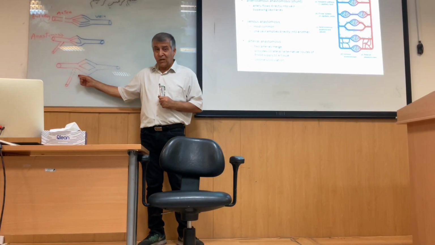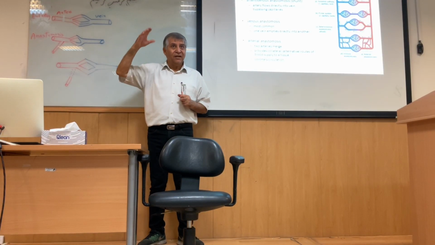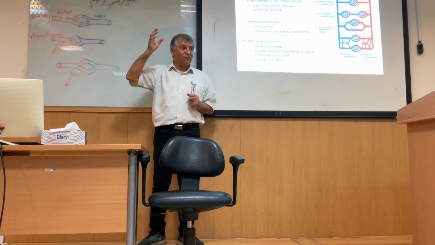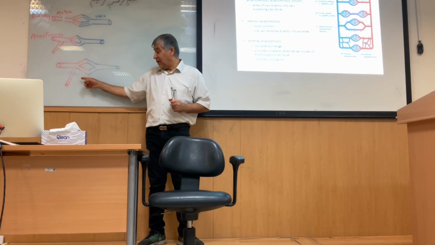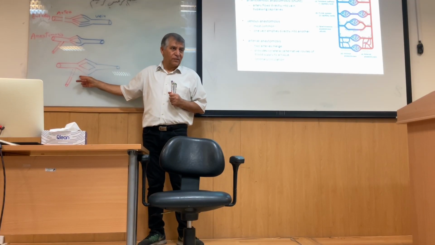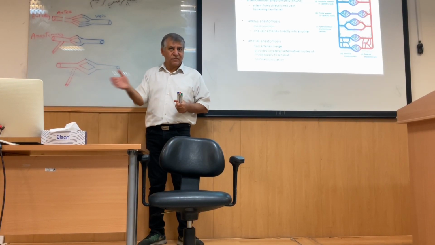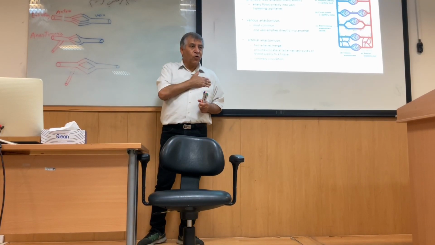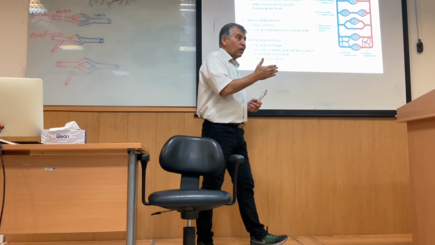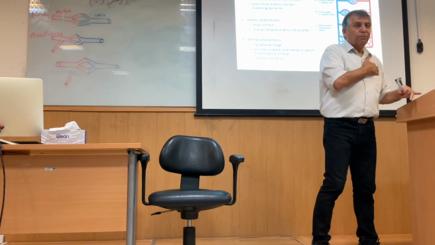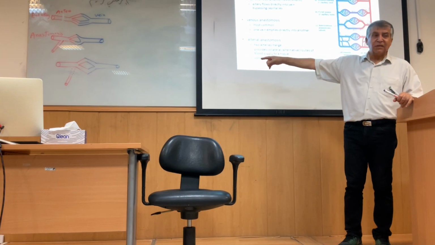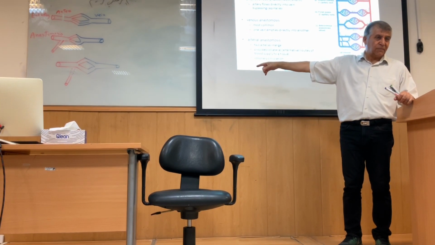There is no anastomosis at first. After a disorder, after a disease, this anastomosis is formed. Which part of the body has potential anastomosis? Heart. Coronary artery. Coronary artery for supply of the heart is potential anastomosis.